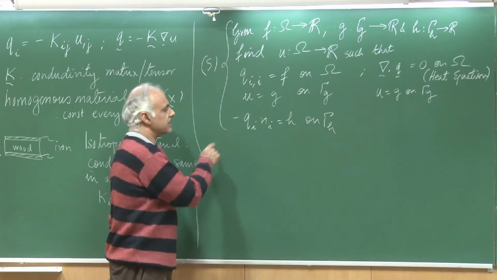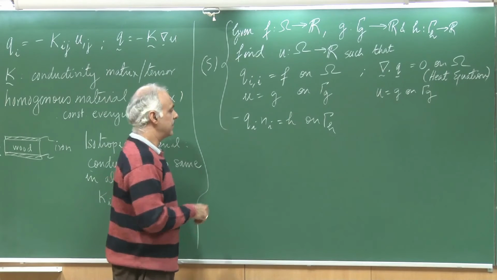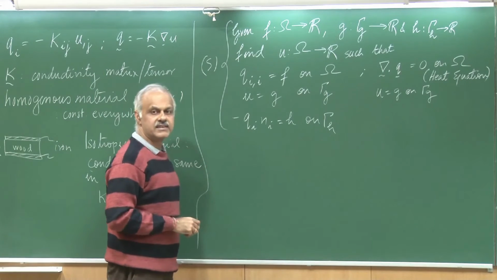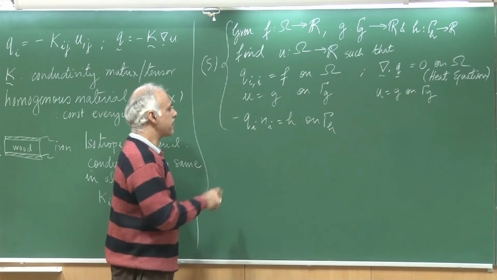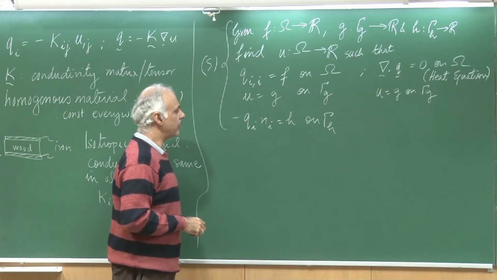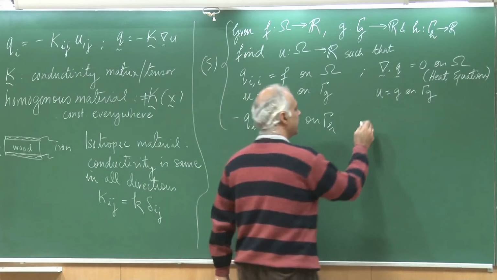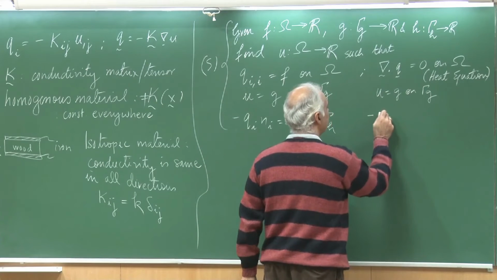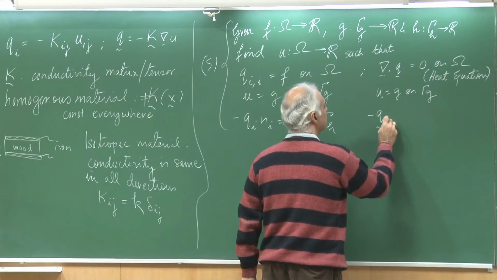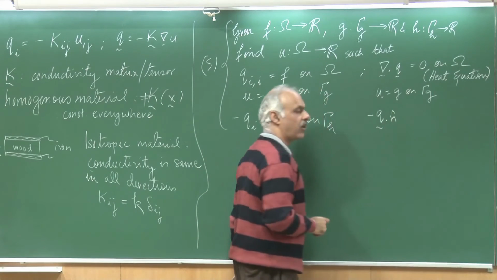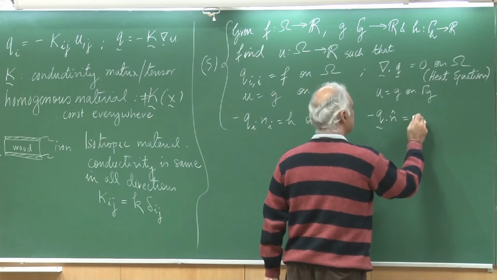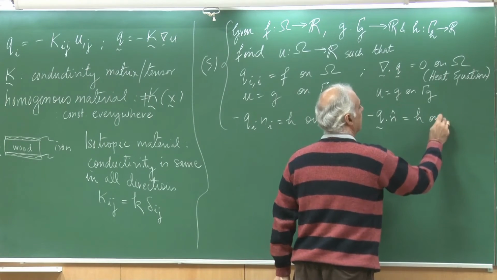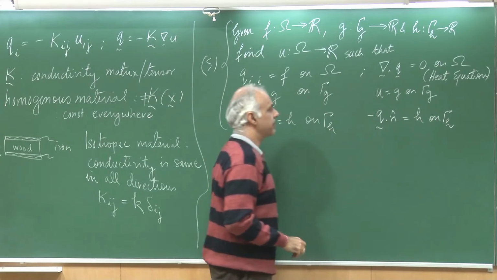This one is a condition on heat flux. So, now the flux is a vector, and I can specify a normal component of this vector. So, in the vector notation, this would imply we are talking about minus q dot n, the normal to the boundary, this is specified as h on gamma h.